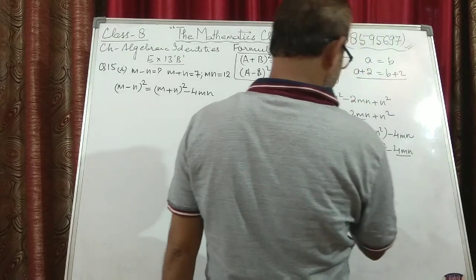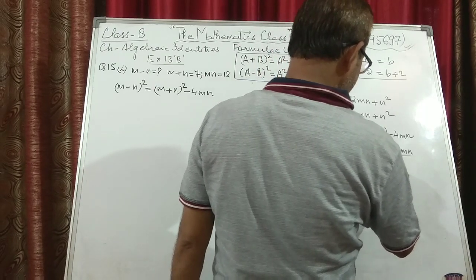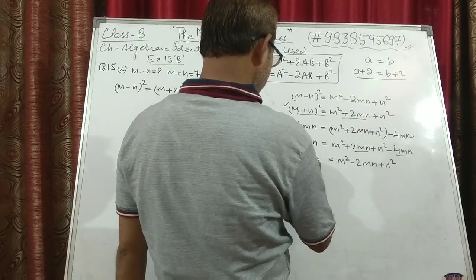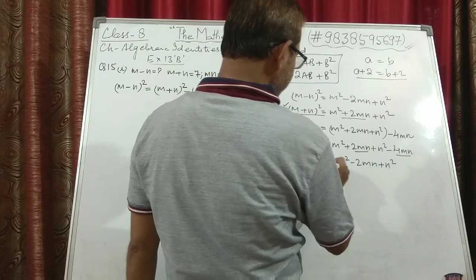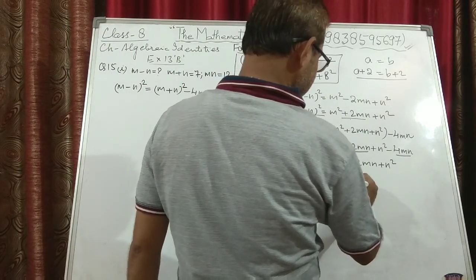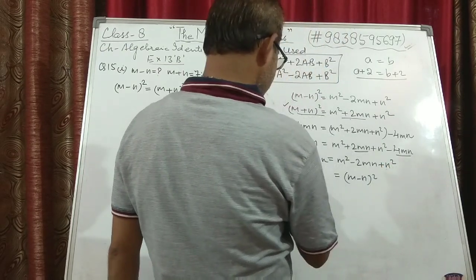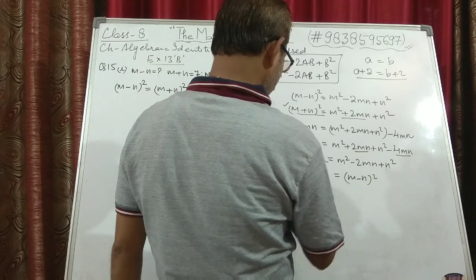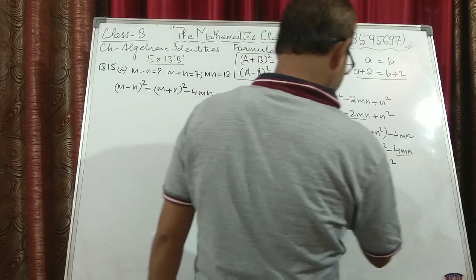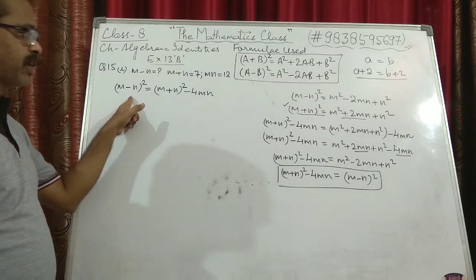Plus 2mn and minus 4mn will make m square minus 2mn plus n square, and we know that this can be written as m minus n whole square. So m plus n whole square minus 4mn is equal to m minus n whole square. This is the formula that is used over here.